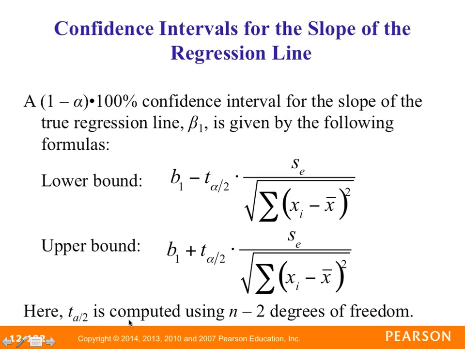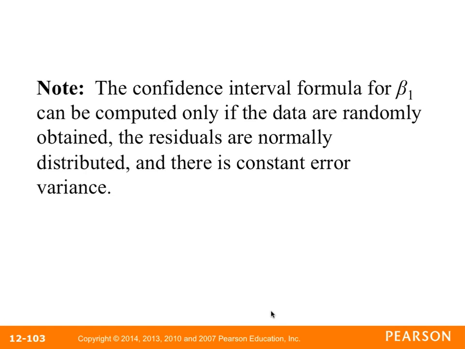And here, t alpha over 2 is computed using n minus 2 degrees of freedom. An important note: the confidence interval formula for beta 1 can be computed only if the data are randomly obtained, the residuals are normally distributed, and there is a constant error variance. So we have those same assumptions that we have to work with.